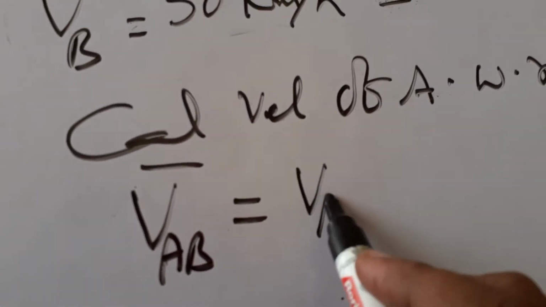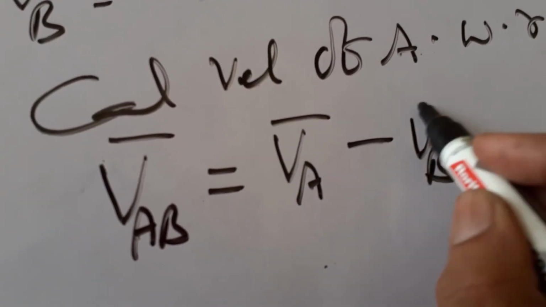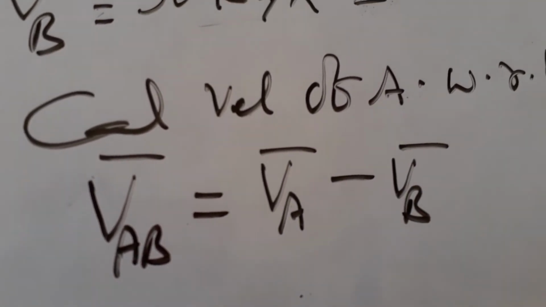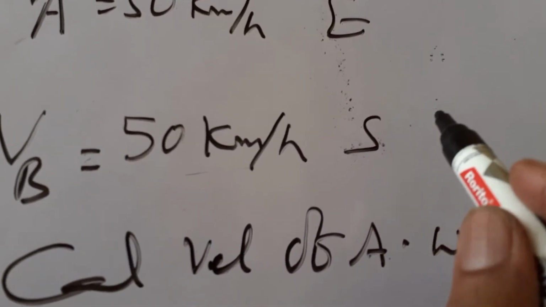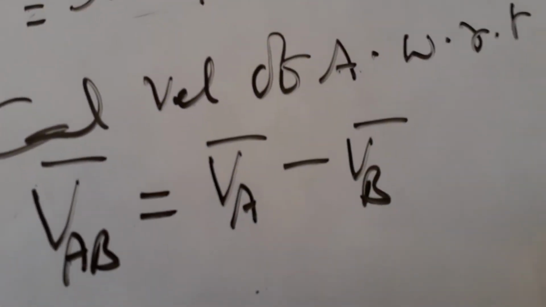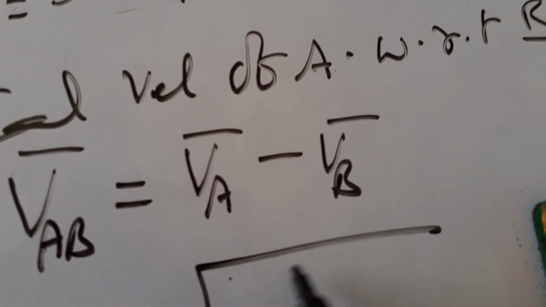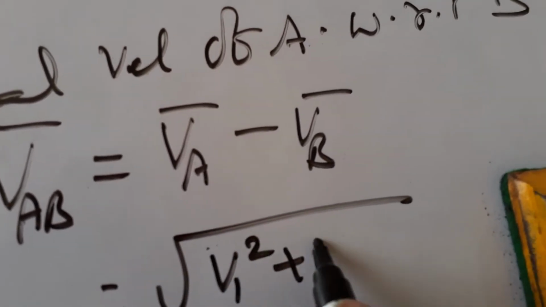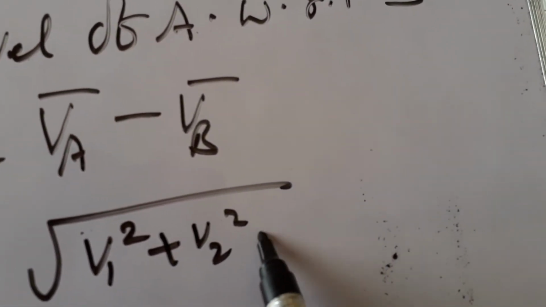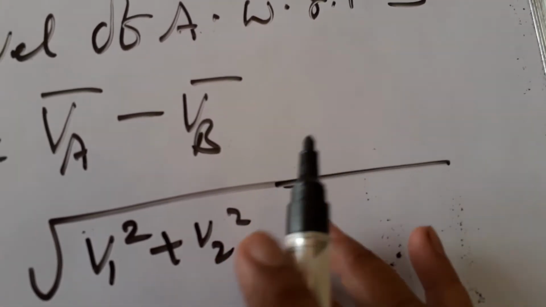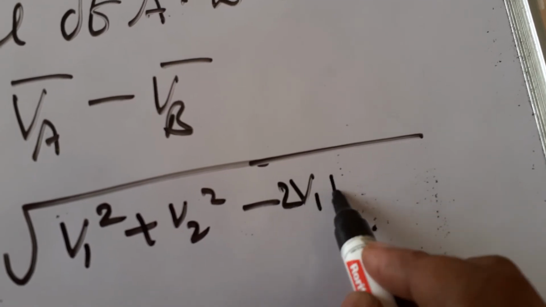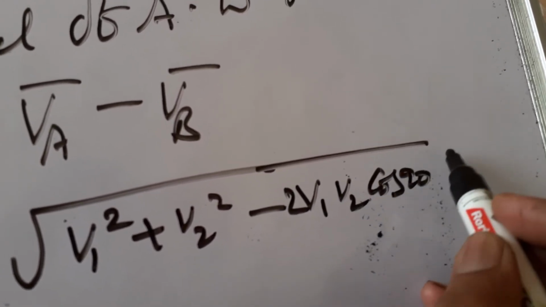That is nothing but VA bar minus VB bar. If you want only magnitude, one is east, one is south, and the angle between them is 90 degrees. So you use the formula root of V1 square plus V2 square minus 2 V1 V2 cos 90, and cos 90 is 0.